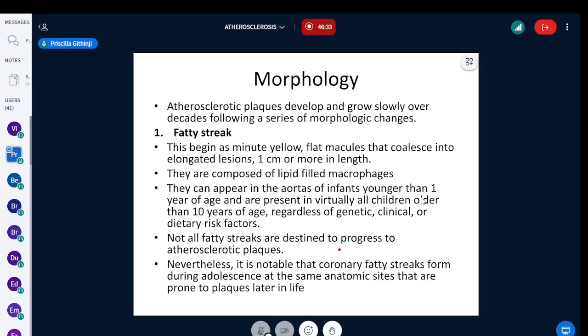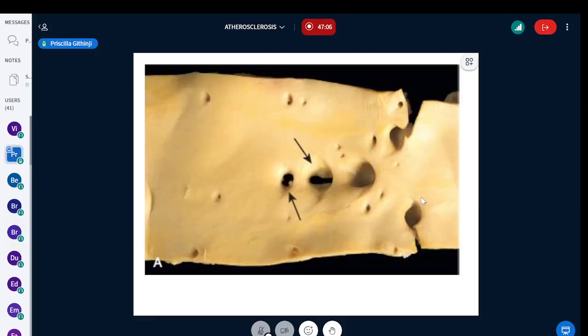What makes you progress are the modifiable risk factors. So your diet, your hypertension, your diabetes, all this now leads to the progression of these fatty streaks to formation of atherosclerotic plaques. Nevertheless, it is notable that coronary fatty streaks form during adolescence at the same anatomic sites that are prone to plaques later on in life. And these are what now will propagate coronary artery disease.